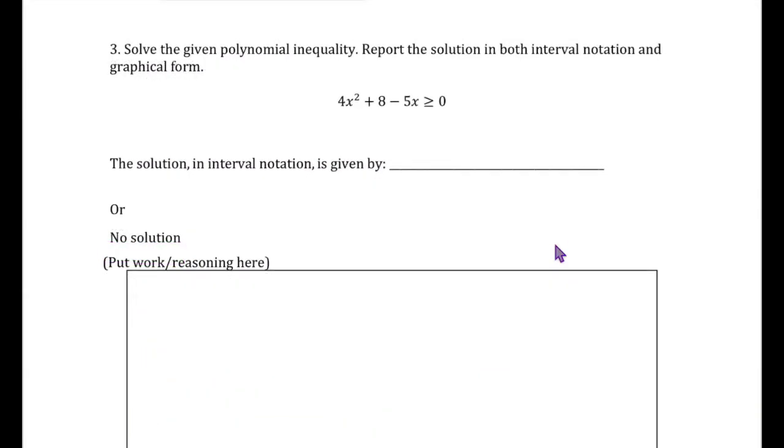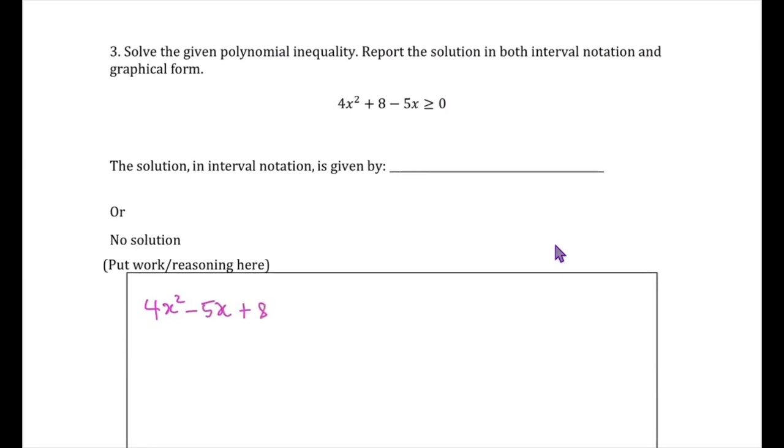So this next example will be the same consideration. We're going to solve the inequality 4x squared minus 5x plus 8, and we are looking for where it's greater than or equal to 0.